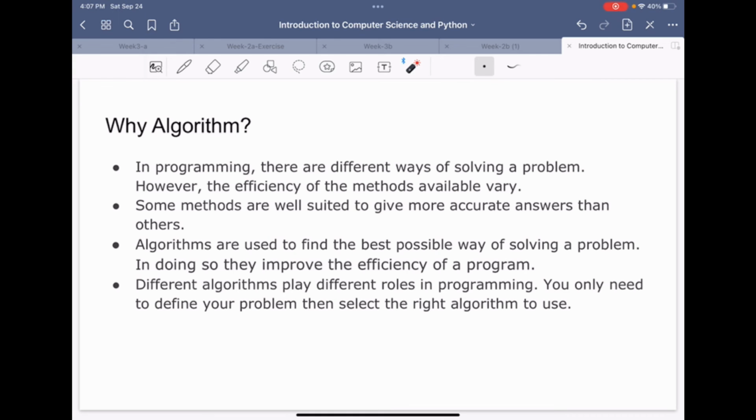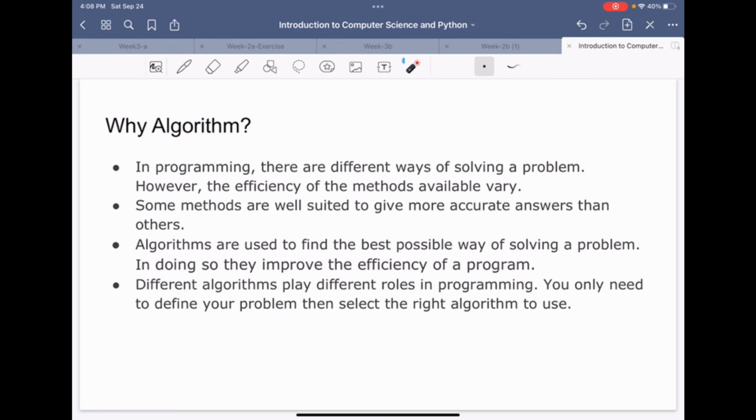Suppose, for example, you have 10 different ways to solve the problem. You will select among the 10 the one that provides the best possible solution in less time. Okay, so that is analyzed if you write an algorithm.